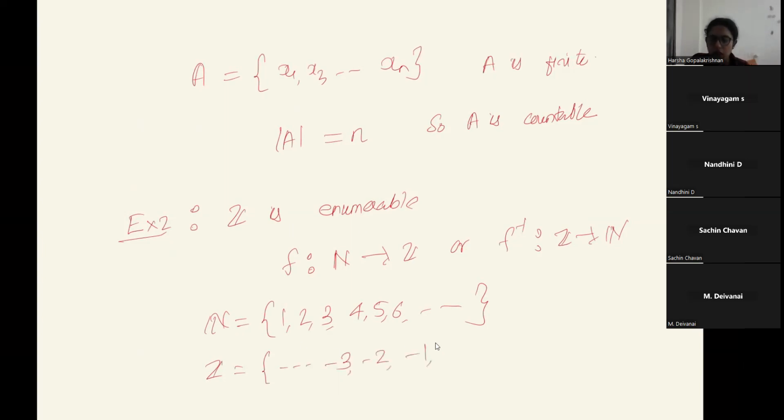A common or standard way to find a bijection from n to z is like this. 1 will be mapped to 0. Here are elements in n and here elements in z. Next element is 2. 2 will be mapped to 1. And 3 will go to -1. 4 will go to 2.